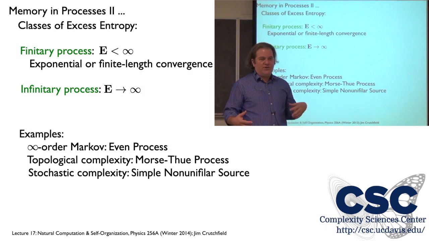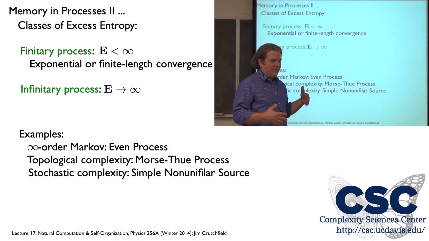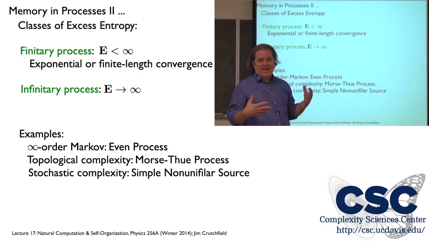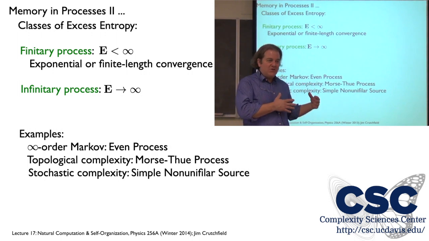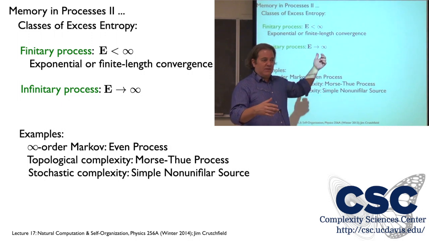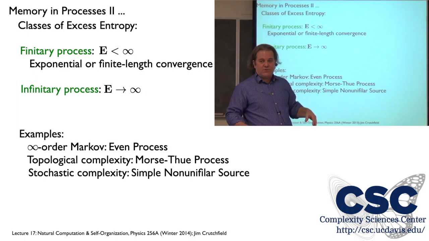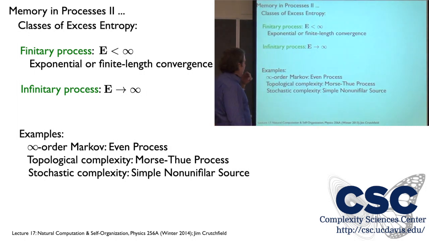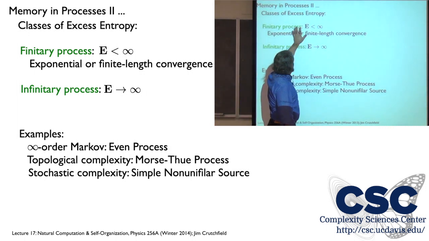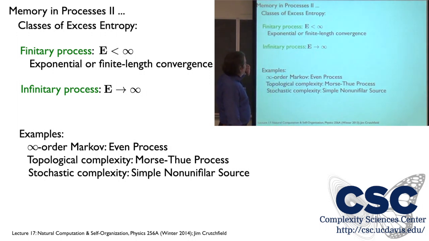We need some notion of finiteness in this: finite memory, although I'm hedging my bets as I say that because, as we'll see, even in the first couple weeks of the spring quarter, the concept of memory needs to be elaborated a little bit. Just like we've taken the concept of information, from just a degree of uncertainty and unpredictability, and elaborated it to be, for example, this apparent mutual information between past and future, the excess entropy. So: finite excess entropy, finitary process.